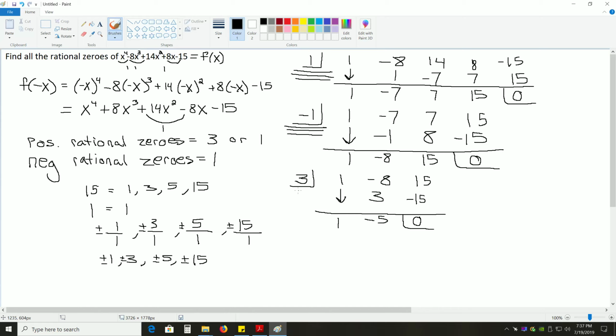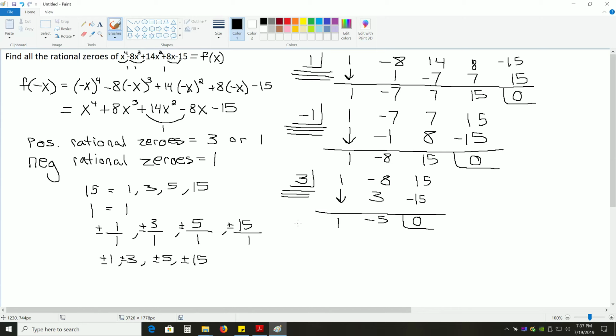Again, a remainder of 0. So this is again one of our solutions. Now we just have 2 left to check, the 5 and 15, both positive. Right now we have 2 positive answers, but we must have 3 or 1, which means since we already have 2, we know we are guaranteed to get 1 more that will work.